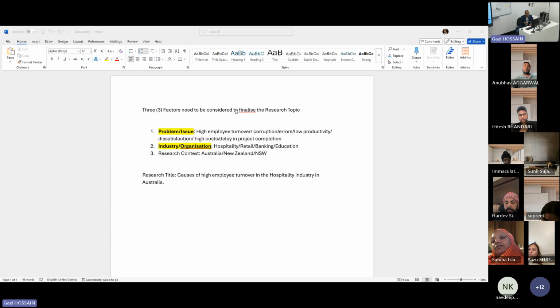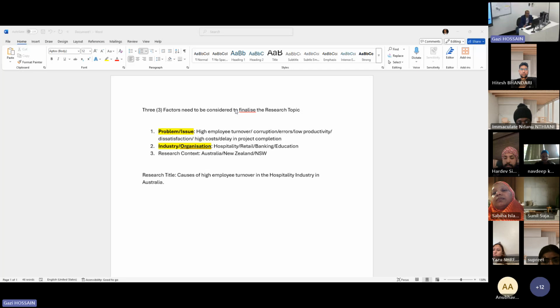Or if it is in the education industry, it can be the same. KOI and Sydney University or UTS or Holmes Institute, about the same reasons. But when it is a very different industry, such as mining, the causes could be very different. Therefore, we need to specify the industry.